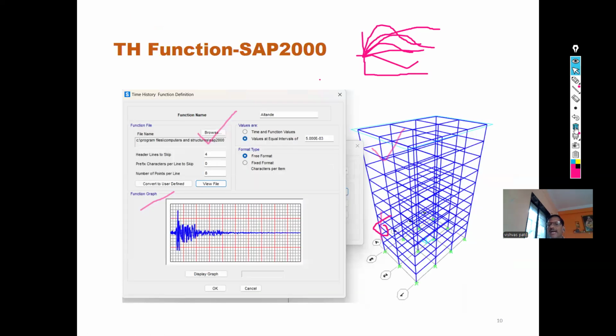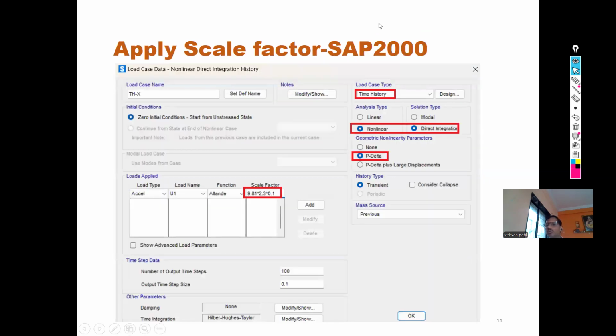Then after calculating the scale factor, in SAP2000, where should this scale factor be given as input? That I will show. In the time history analysis, this is the window, and this is the table where we have to define the scale factor.